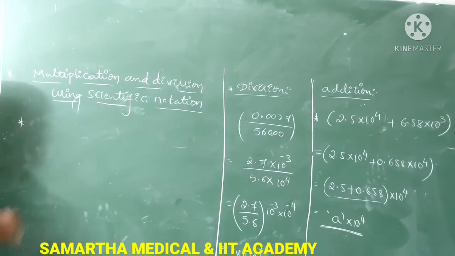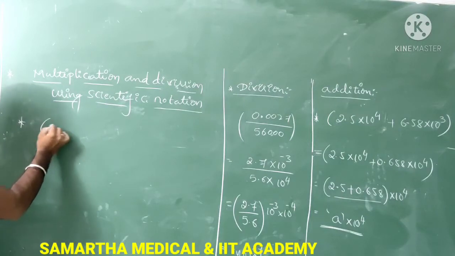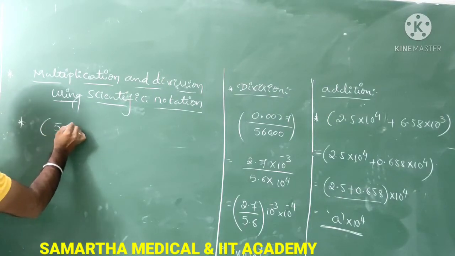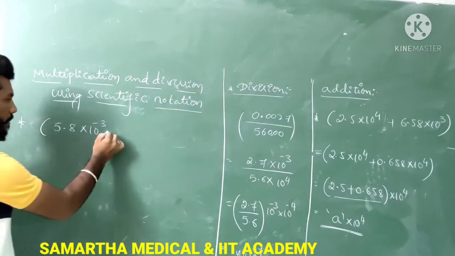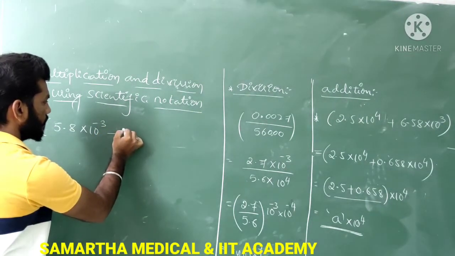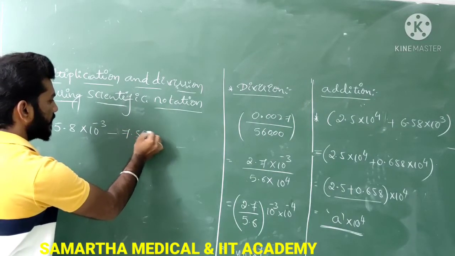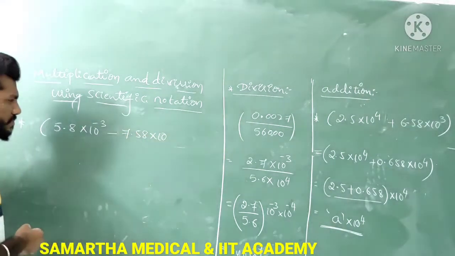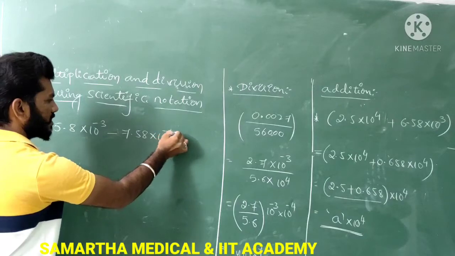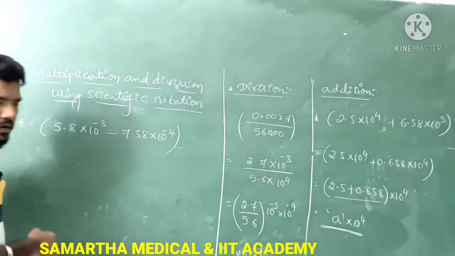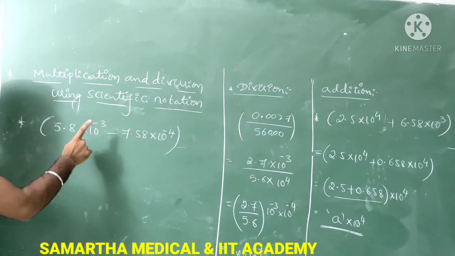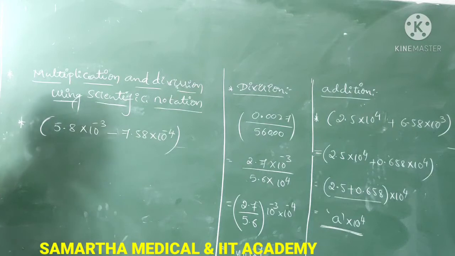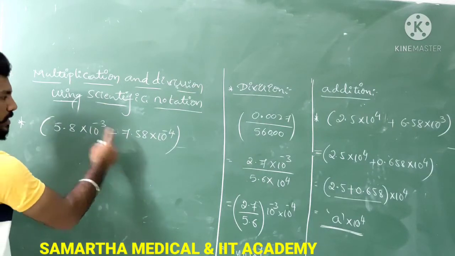So we have the number 5.8 into 10 to the power of minus 3, minus 7.58 into 10 to the power of minus 4. In order to simplify these two terms, the power has to be the same, so I am going to rearrange this number.